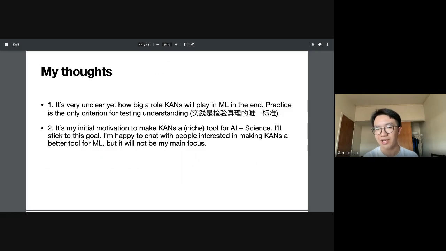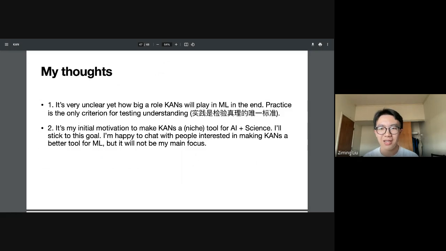So I did not expect the machine learning world to react so strongly to this new tool. I would have imagined this is just a party for AI plus science. But for me, I think it's fascinating, not only that people can try KANs for their tasks, but also that it may bring something new to fundamental science. But that does not just naturally happen.